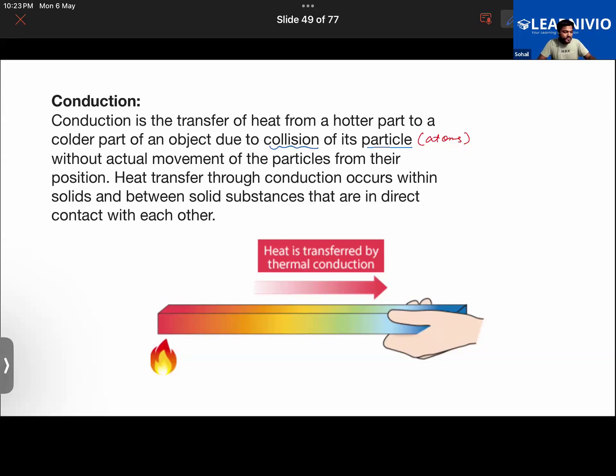For example, your hand is a solid object. You hold something hot that is solid in nature, and there also heat will be transferred.